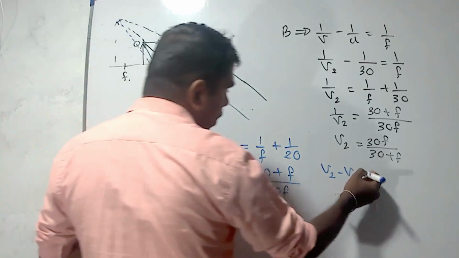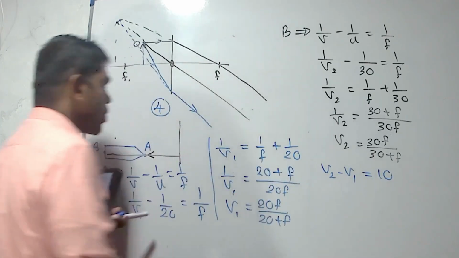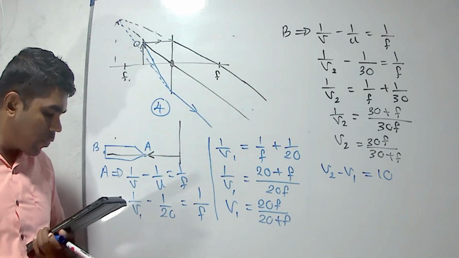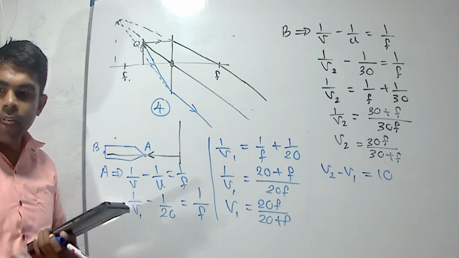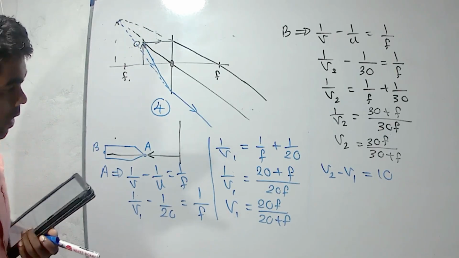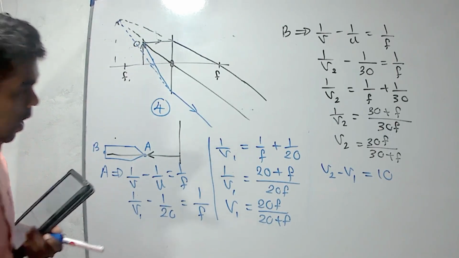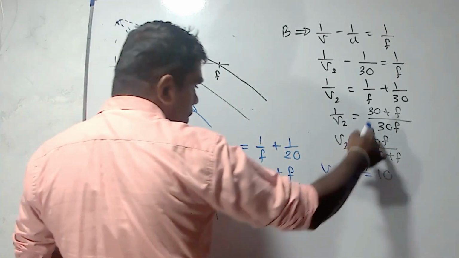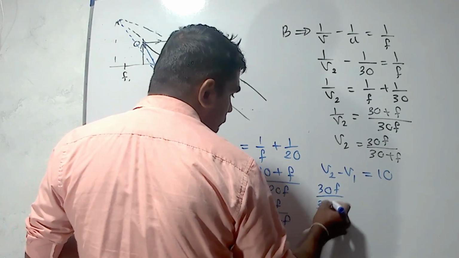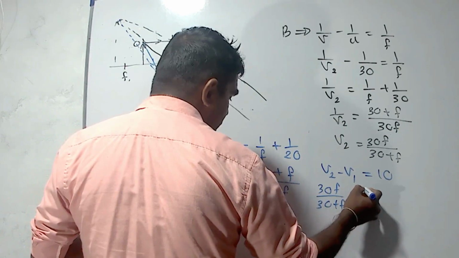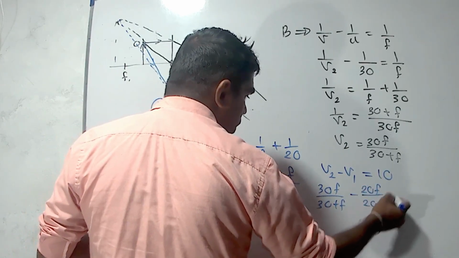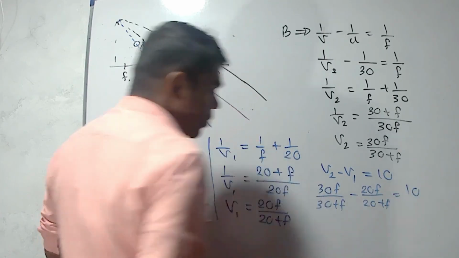It should be equal to 10 centimeters because they have given that the length of the image is equal to the length of the object. Then I will substitute these two values. 30F divided by 30 plus F minus 20F divided by 20 plus F should be equal to 10.